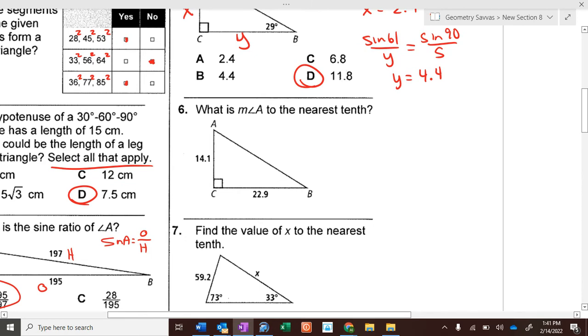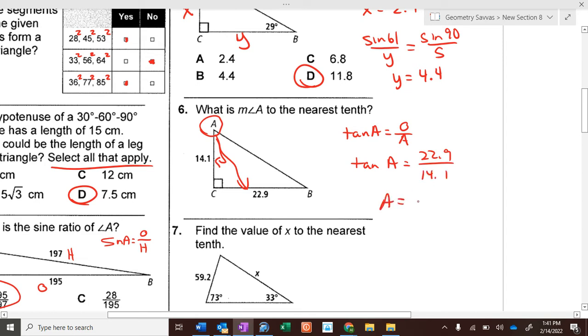I'm so mean. What's the measure of angle A to the nearest tenth? Well, you can't use law of sines for this. You have an opposite side and an adjacent side. Opposite and adjacent is what trig function? The tangent of angle A equals the opposite side over the adjacent side. So the tangent of angle A equals 22.9 over 14.1.